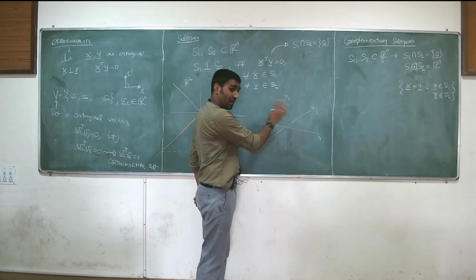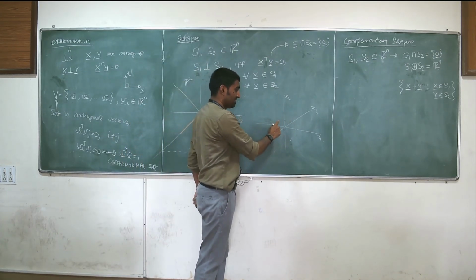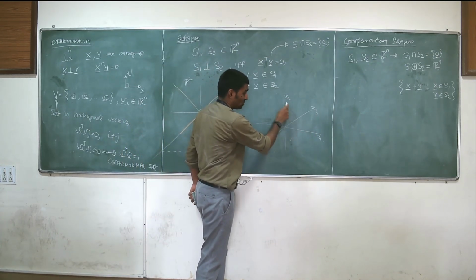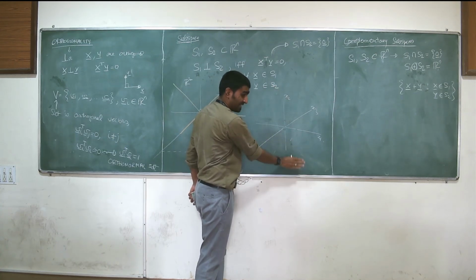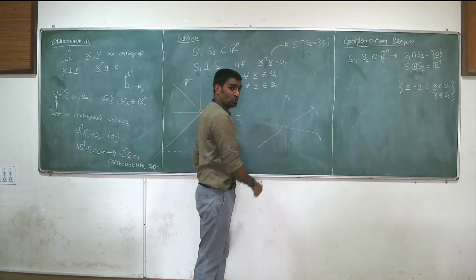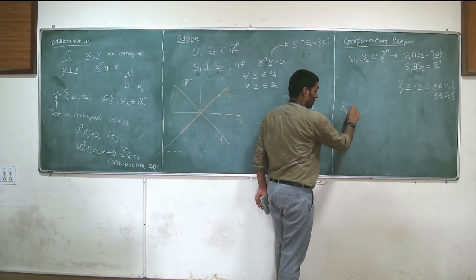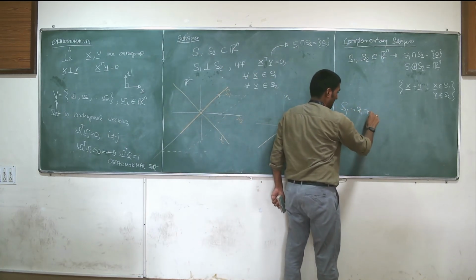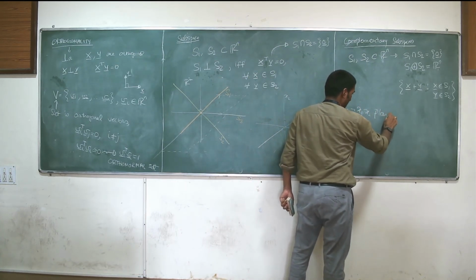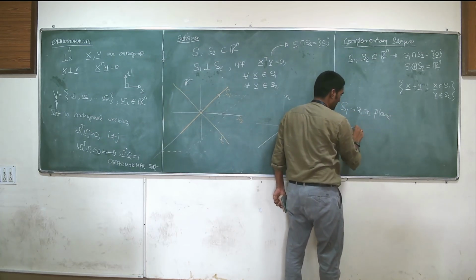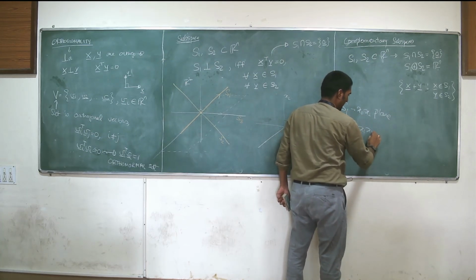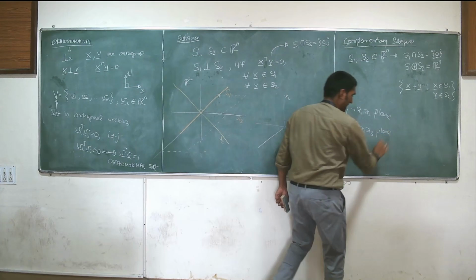Okay. In R3, let's say we consider the X1, X2 plane, the plane that contains the X1 axis and the X2 axis. That's the S1 subspace. We consider another subspace, which is the X1, X3 plane.